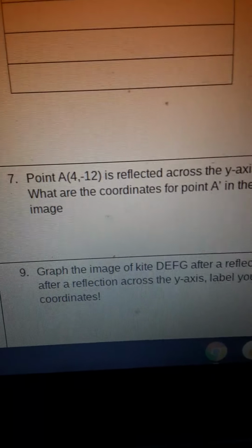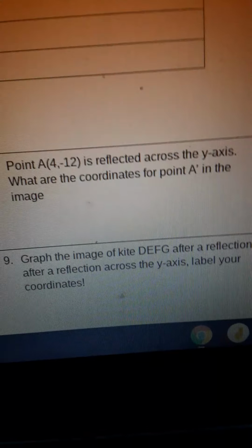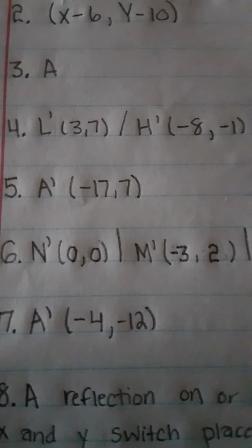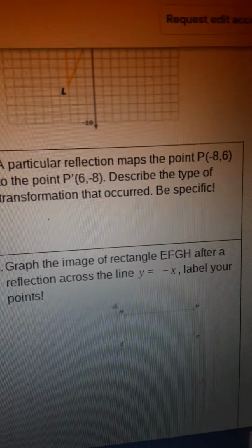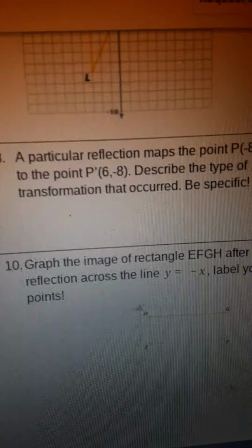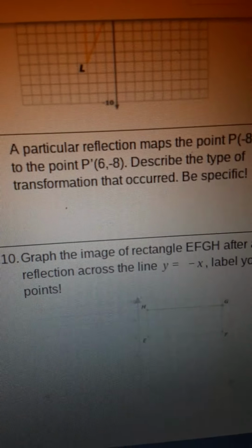A is -4, -12. Reflect across the y-axis. What are the coordinates for A prime? So now with the y-axis, you keep the y and change the x. If you do that, you get 4, -12, because you changed the x and you kept the y. A particular reflection maps the point -8, 6 to the point P prime equals 6, -8.